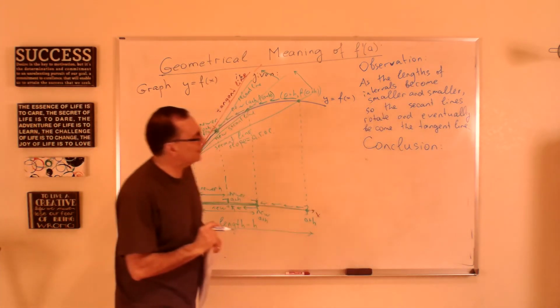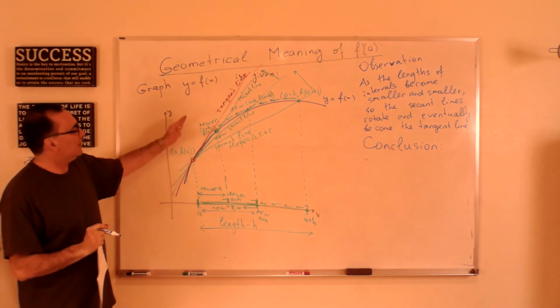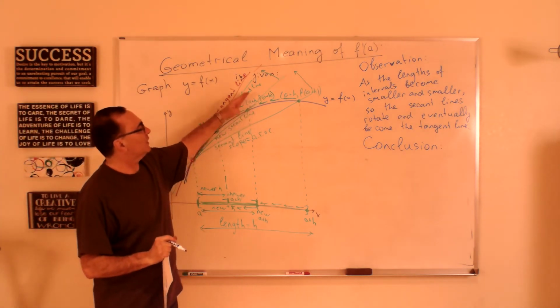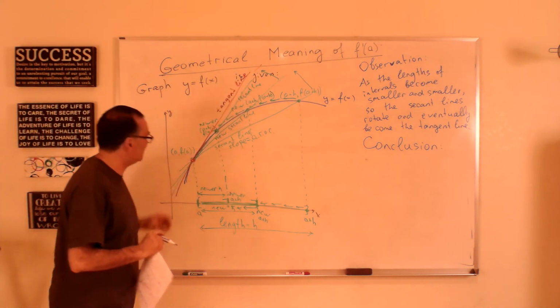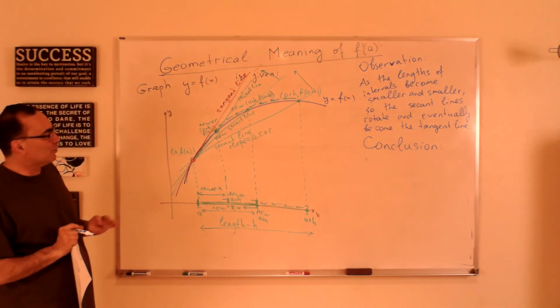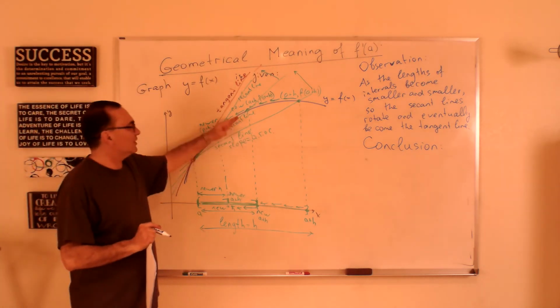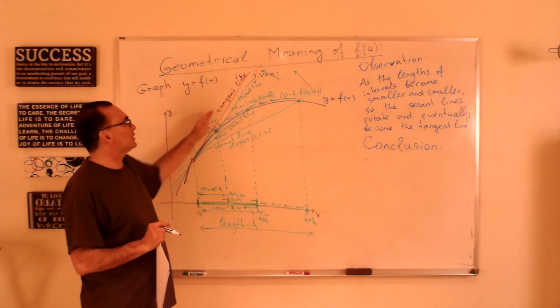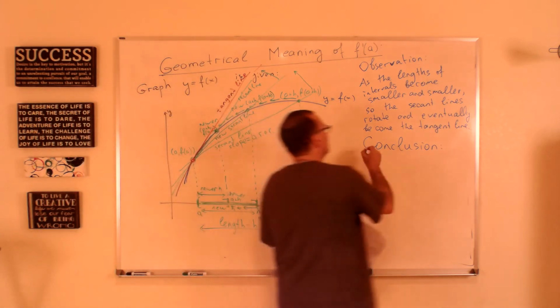Since the secant lines rotate and rotate and eventually become the tangent line, the slopes of secant lines will eventually become the slope of the tangent line.